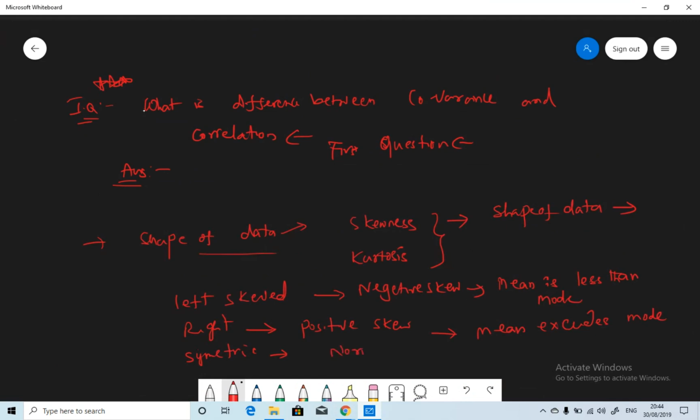It's a normal skew. Mean equal to mode. This is the shape of data: left skewed, right skewed, symmetric. Write down these three points.